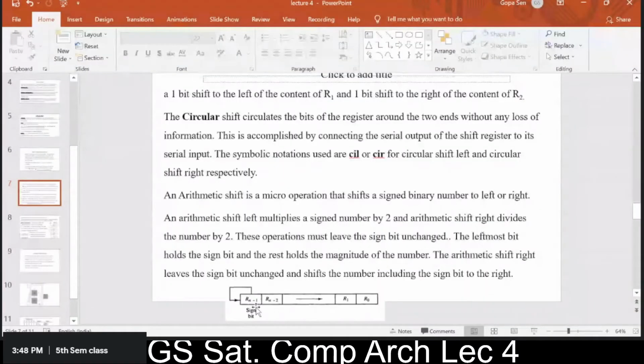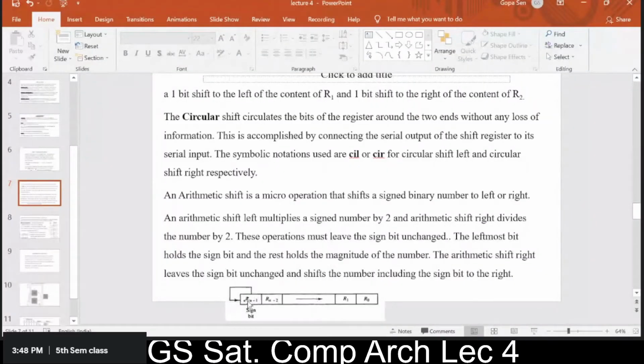There will be sign reversal when Rn-1 is not equal to Rn-2, but there will be no sign reversal if Rn-1 was the same as Rn-2. So there must be a check whether there will be a sign reversal or not in case of arithmetic shift left. But in case of arithmetic shift right, deliberately we keep the sign bit the same and shift all the bits one step to the right.